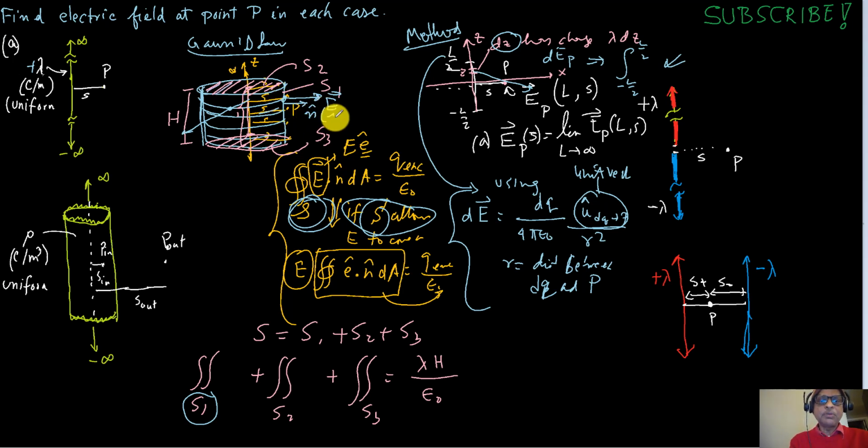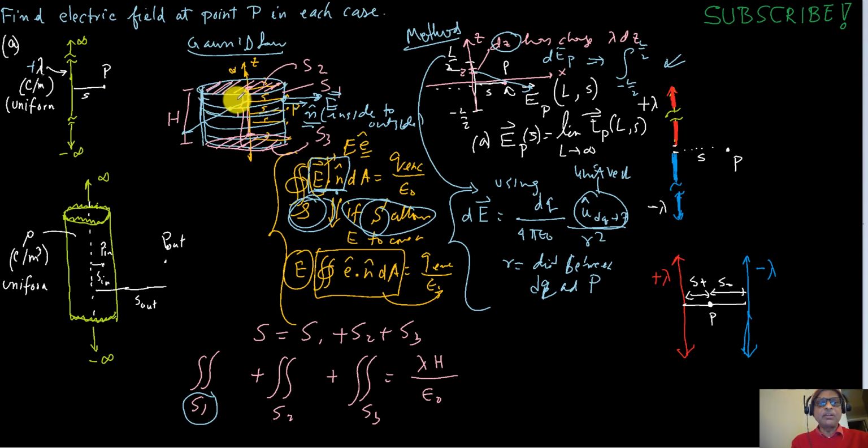Normal is always from inside the surface to outside. In Gauss's law, the notation for normal is from inside to outside. So they're both in the same direction.